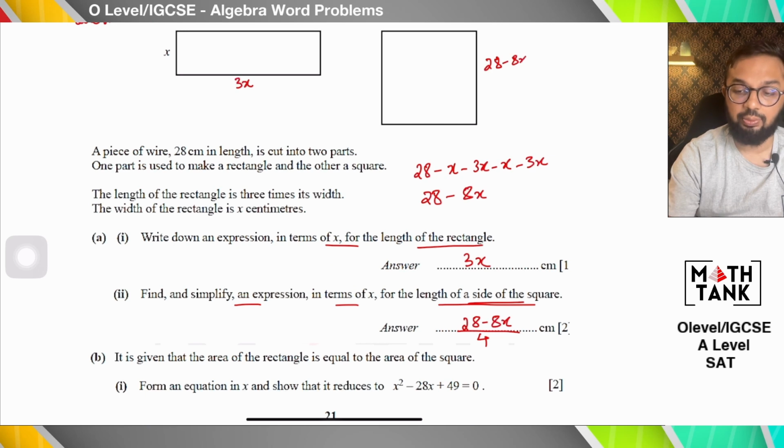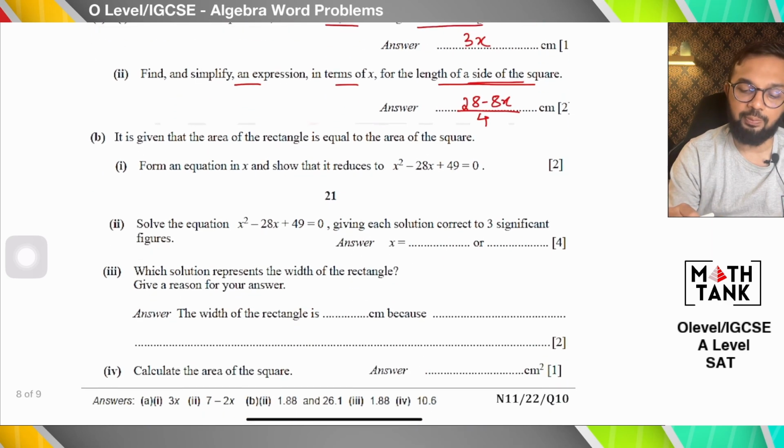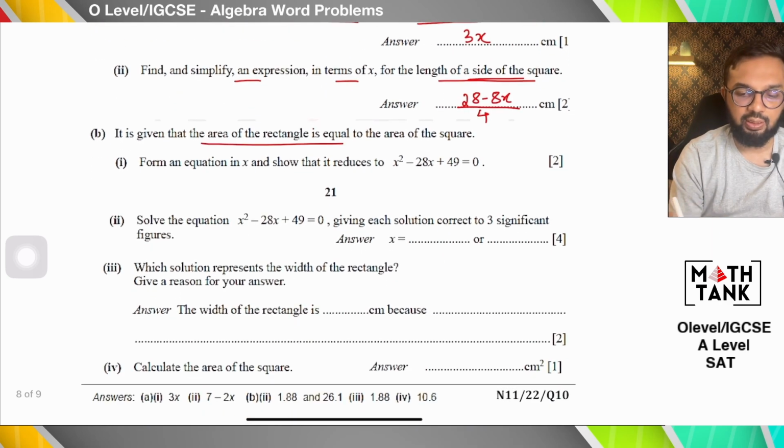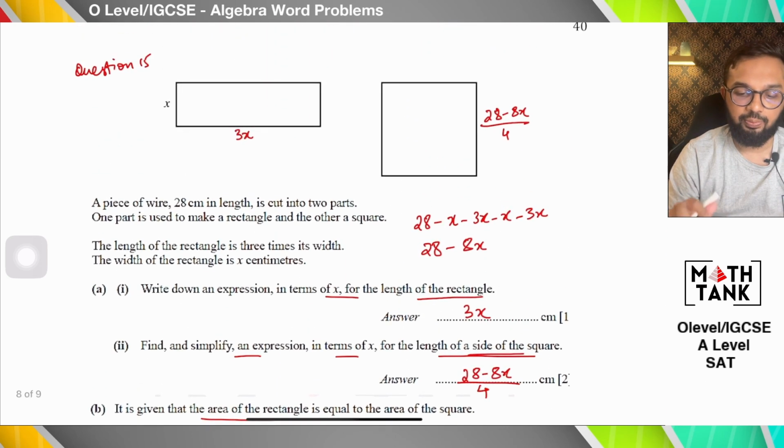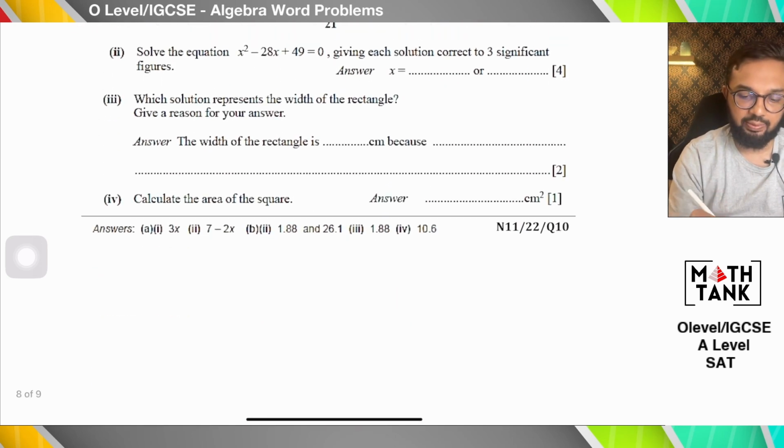We could factor out a 4 from the numerator, cancel it out, and that would give you 7 minus 2x, and that's also absolutely fine. I'm going to do that later on. It is given that the area of the rectangle and the square are equal. So area of the rectangle is length into width, and that's side square.